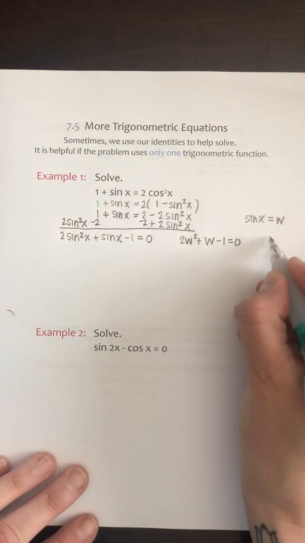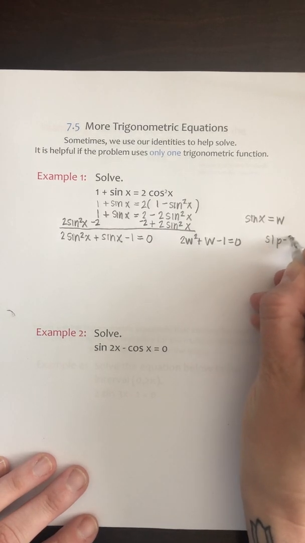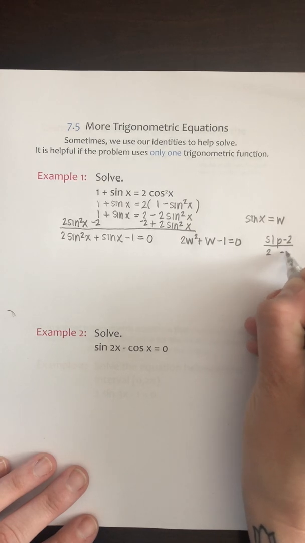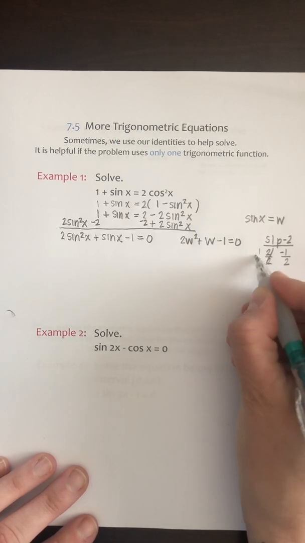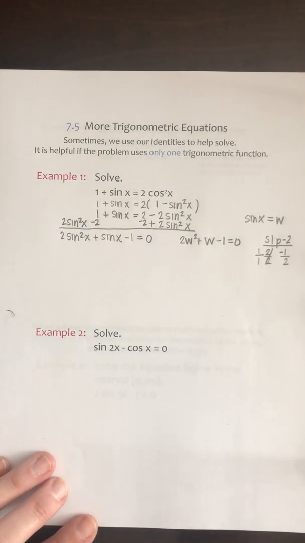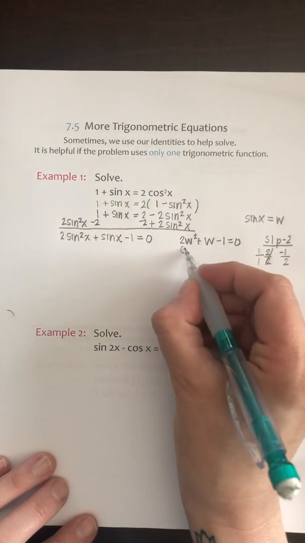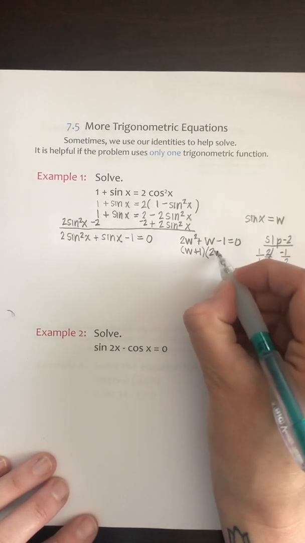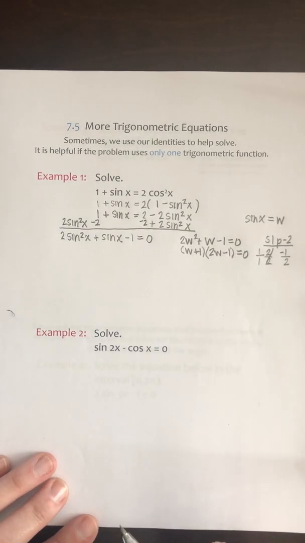So if I were doing a sum and product chart, my sum is 1, my product is negative 2, and the numbers that would work would be a positive 2 and a negative 1, and I'm going to put them both over the leading coefficient of 2, and 2 over 2 reduces to 1 over 1. So if I were factoring it this way, it would be w plus 1 and 2w minus 1, but I'm going to get rid of that, and no longer am I going to use the w.